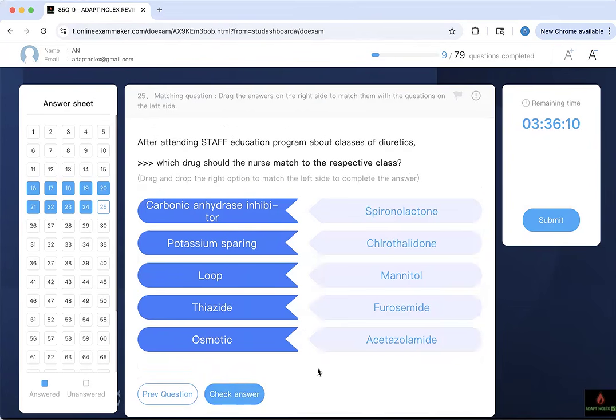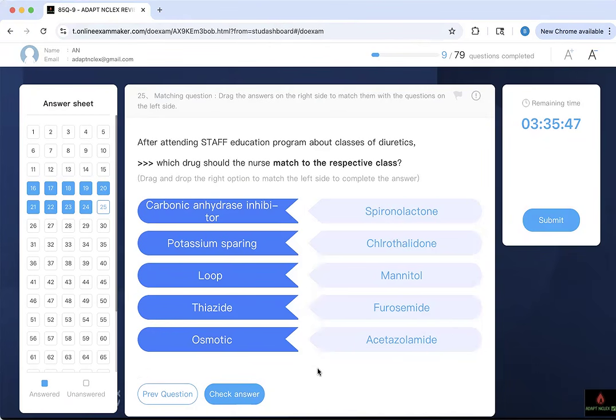I just want to consolidate cardiac pharmacology so that you can understand how they work and what class of medication they involve. This is a bunch of diuretics for you. Can you put it together? After attending a staff education program about classes of diuretics, which drug should the nurse match to the respective classes?